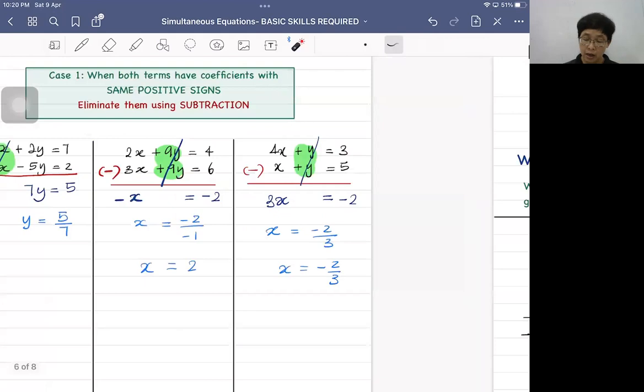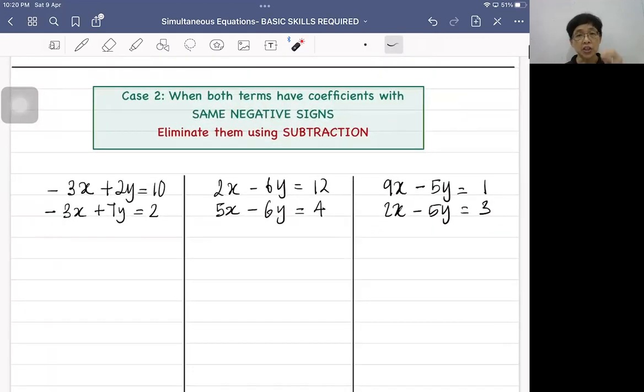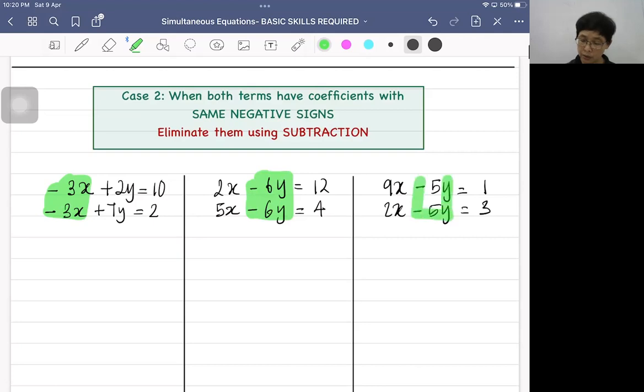Got it? Okay. In the second case, both coefficients share the same negative sign, both of them are negative. Let's highlight them for your attention. You see here, negative. So here, negative. And again, here, both negative. Then here again, notice these are both negative. So how do we eliminate them?